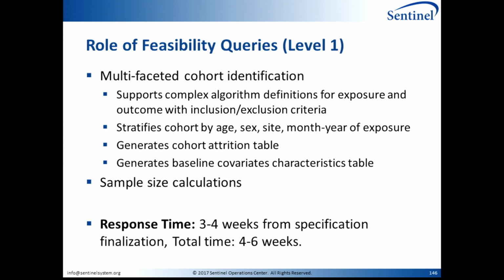I might also report on other characteristics of interest to me: the amount of heart disease that this particular cohort has, whether they have hypertension, whether they're on other types of oral anti-diabetic medications, whether they're on insulin. Essentially, I can report any presence or absence of any medical condition for which there is a code, or any exposure of interest for which there is a code. And so I can grab all kinds of information about this particular group of people that can help me figure out whether I can ultimately answer the safety question of interest or the public health question of interest that started this whole process. So I'm using that for sample size calculations.